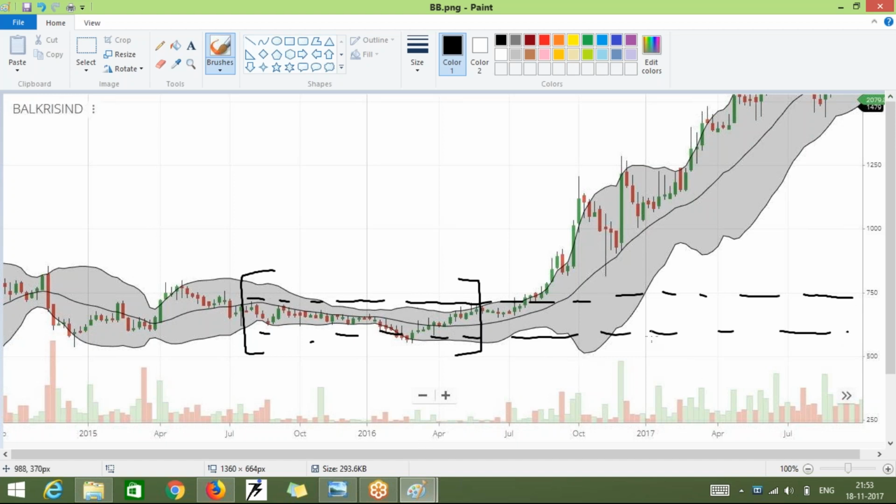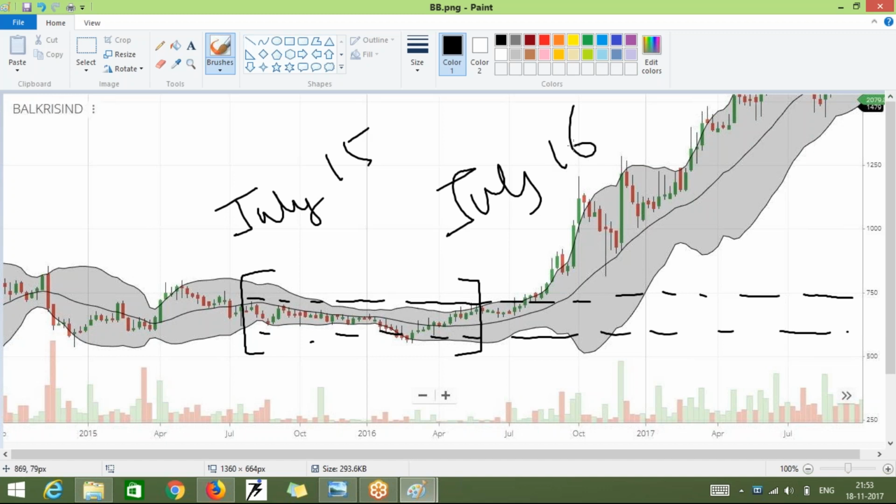Think from almost July 2015 to July 2016. See what is the difference. Almost the stock traded only for 100 points for the whole year.